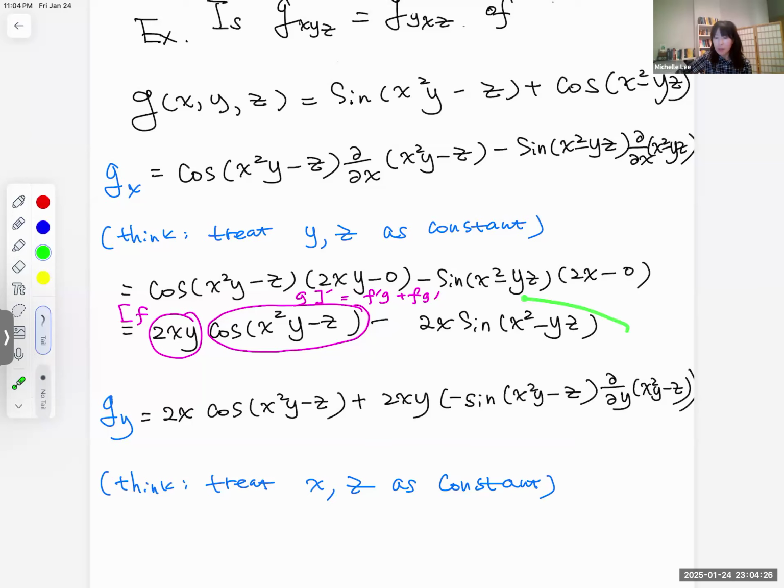And the second term, we do respect to x, but then there is no x, so this is a constant. Makes sense? So we don't need the product rule, right? This is a constant. So think about this.